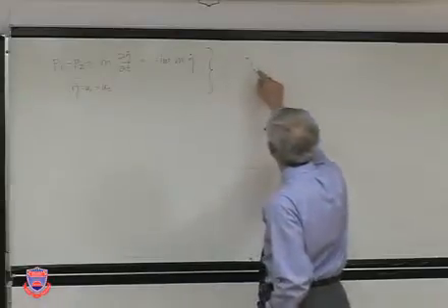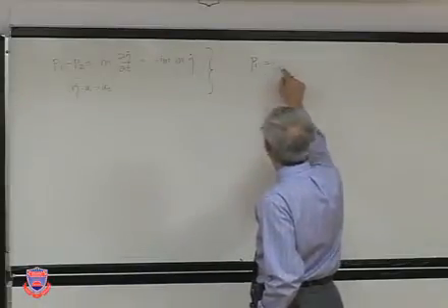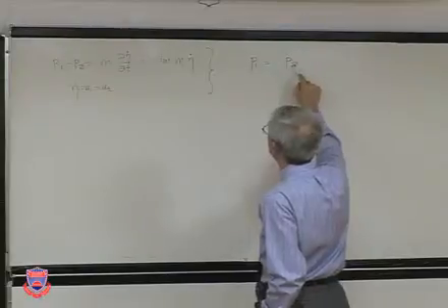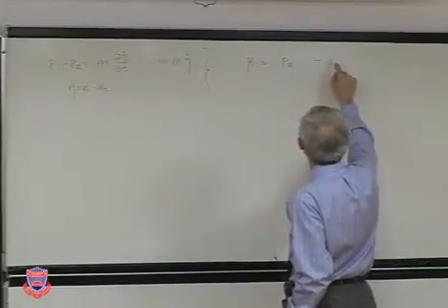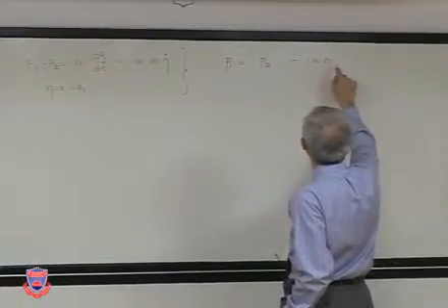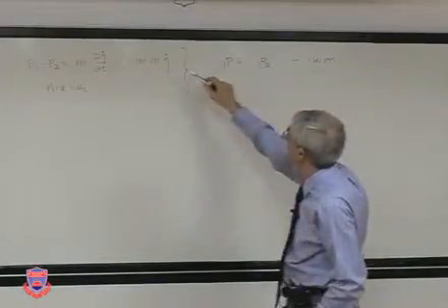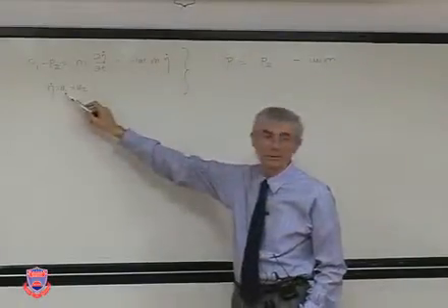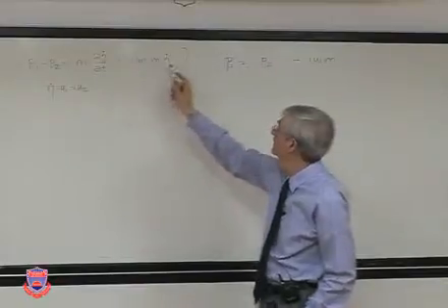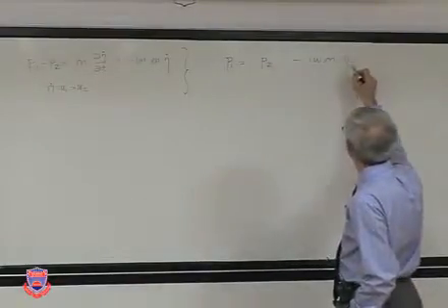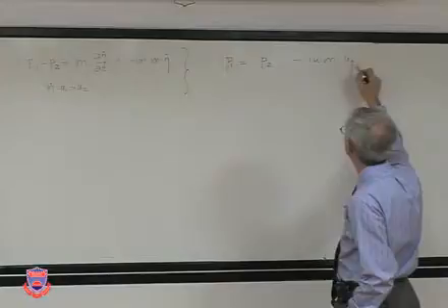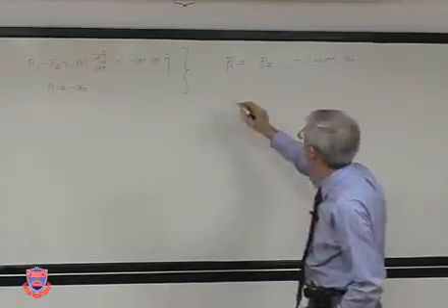Using this relationship, P1, P2, now eta dot is already equal to U1, right? Or U2, sorry. This is what I want to do.